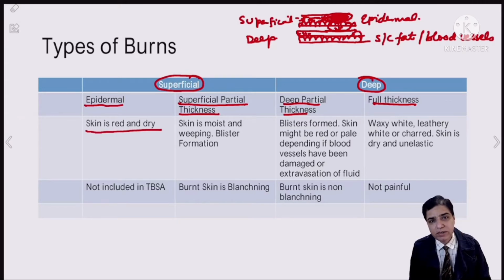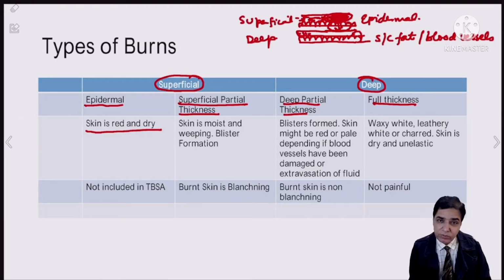Normally we see it in the summer season, especially in the northern hemisphere, here in the UK, when kids playing outside with their shirts off or not using sunscreen usually get very red skin, which is usually painful as well. That is what we call epidermal burns, also known as sunburns.